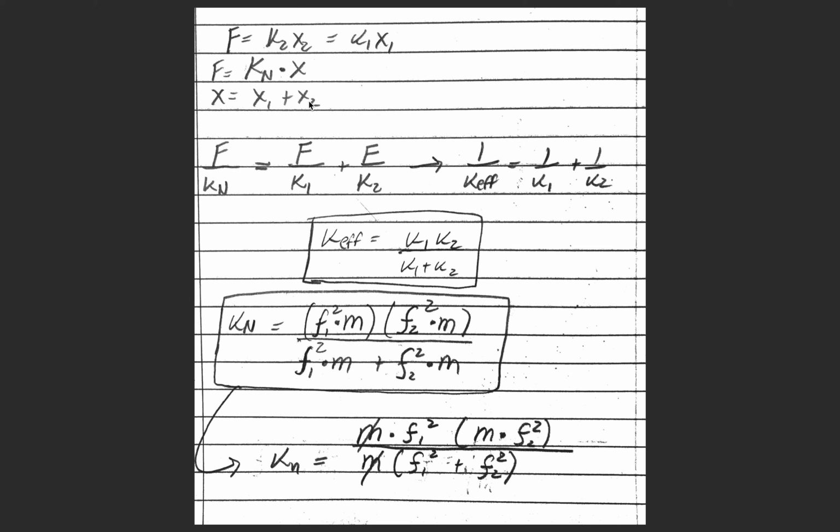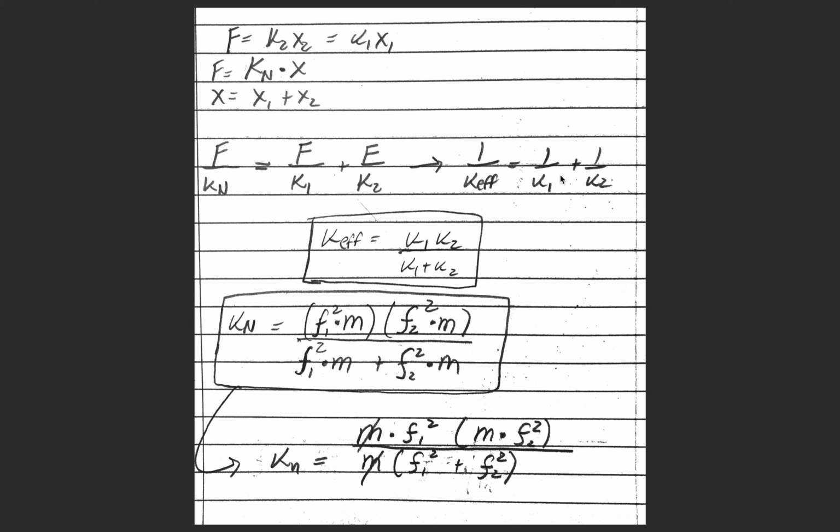And then for X2 right here, you divide X2 by K2, and you divide F by K2, and you get this. So now we're left with this right here, this right here. It's confusing, I know. Since we have an F on top of each of them, we can basically just get rid of it and set it equal to 1. And then we're left with this one now.